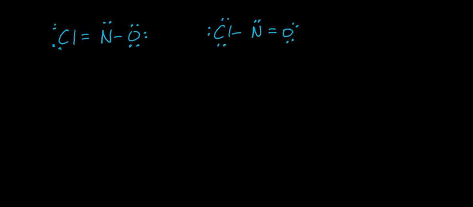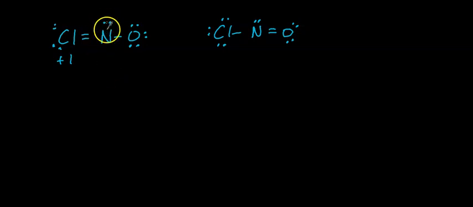All right, let's start with chlorine on the left. 7 valence electrons minus, we have 4 lone electrons, 1, 2, 3, 4, 5, 6. So that gives us a formal charge for the chlorine of +1. Nitrogen has 5 valence electrons, 5 minus 1, 2 for the lone electrons, 3, 4, 5. So if you want to think about it, each atom gets one of the electrons in that bonding pair.